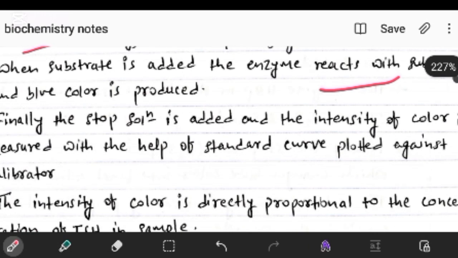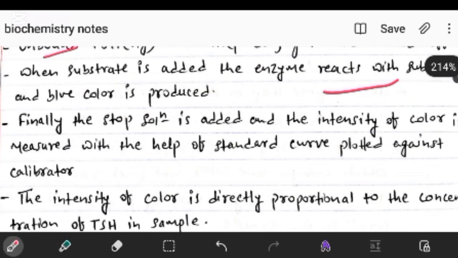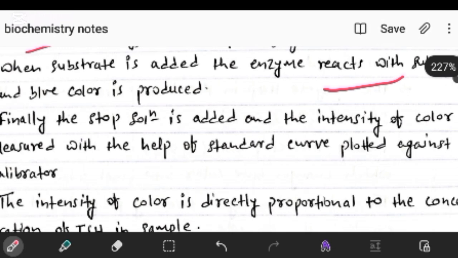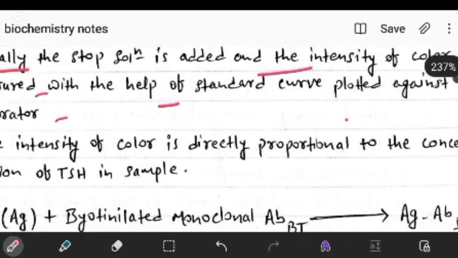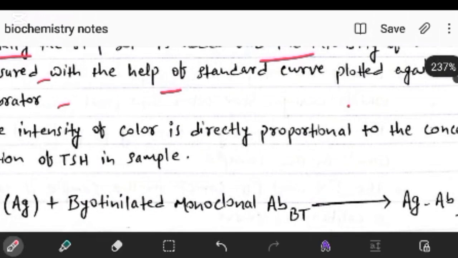Finally, the stop solution is added and the intensity of color is measured with the help of a standard curve plotted against calibrator. The intensity of color is directly proportional to the concentration of TSH in the sample.